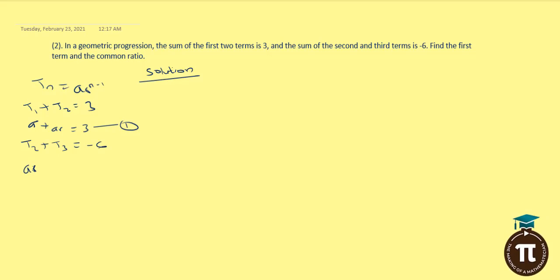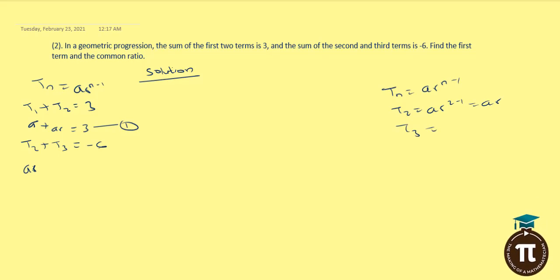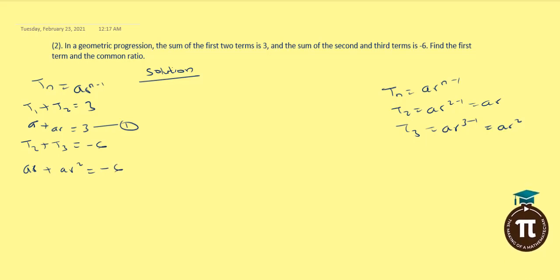When you use Tn, ar^(n-1), to find T2, that will be ar^(2-1). That's ar, that's the second term. To find the third term, it will be ar^(3-1), and that's ar squared. So I have ar plus ar squared is equal to minus 6. That is equation 2.